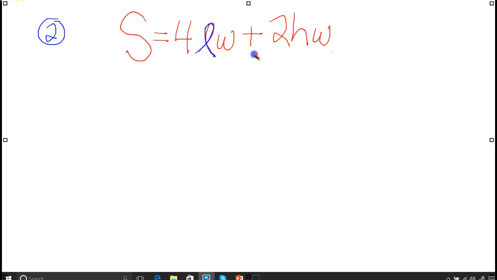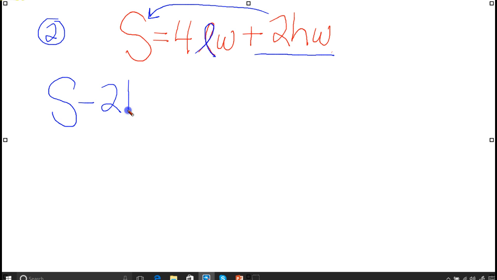So I need to get rid of this, and I'm going to do so by transposing it. That is, just bring it to the other side and change its sign. So we have a capital S now, minus 2HW. We want to isolate the L in this term, so we want to get rid of this term by transposing it to the other side. So we now have this.